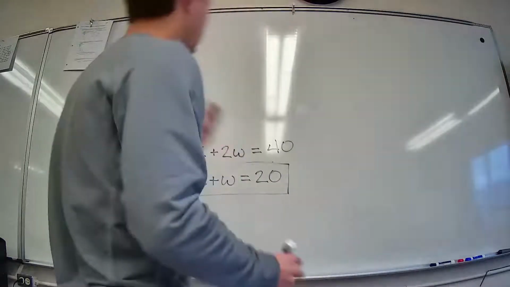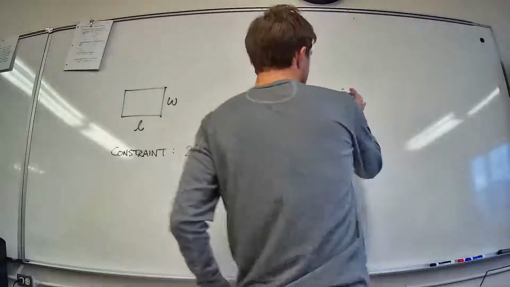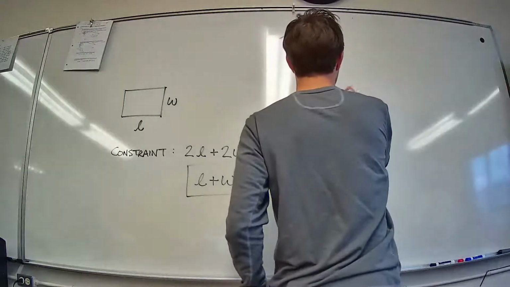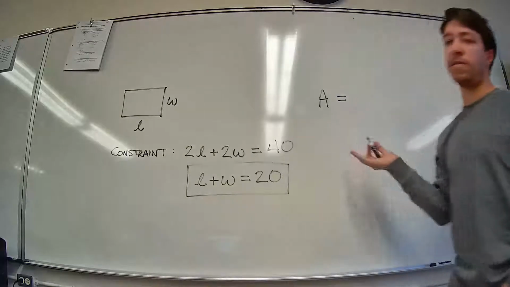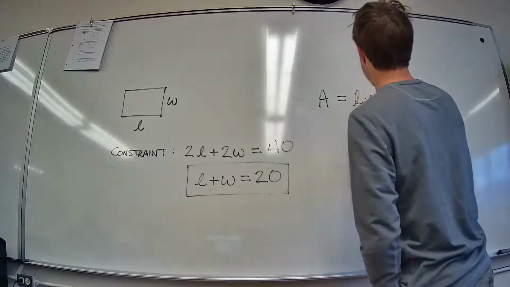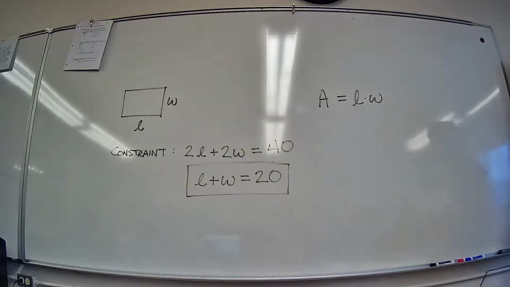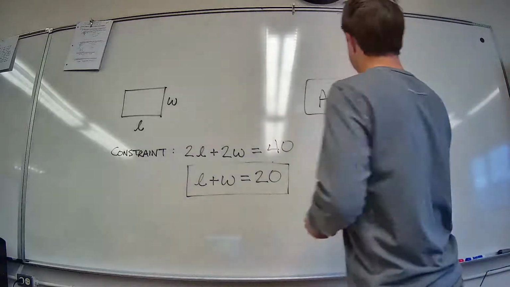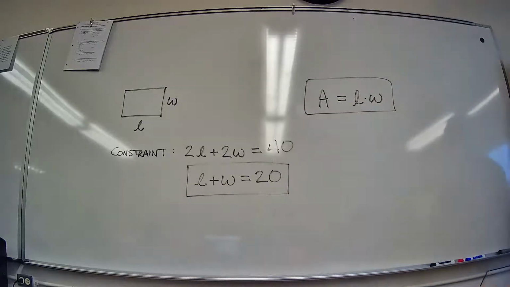So then you go, okay, what's the quantity? The quantity is area. So you say area first, and then you write a formula for the quantity you're trying to optimize. In this case, it's L times W. So this is the optimization thingy. The thing you're trying to optimize is the area. Does that answer that part? Yep.